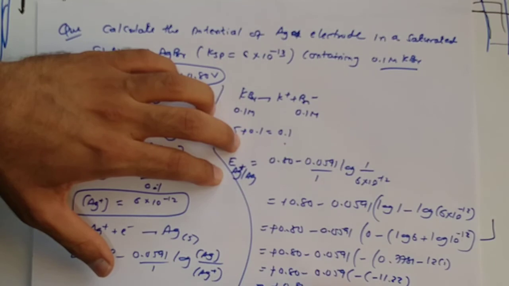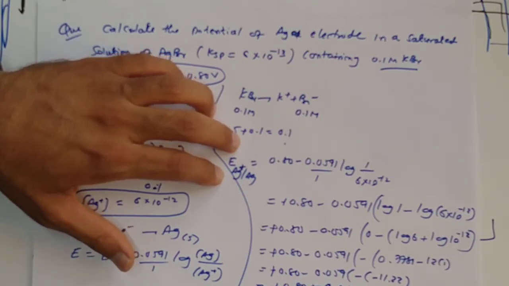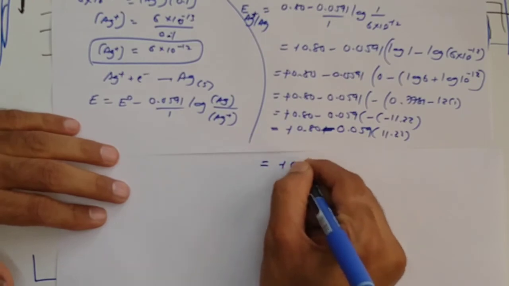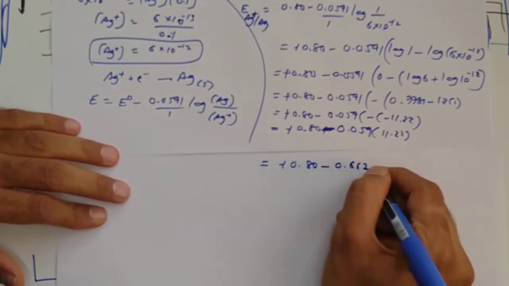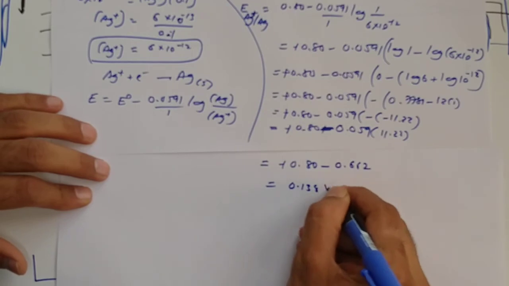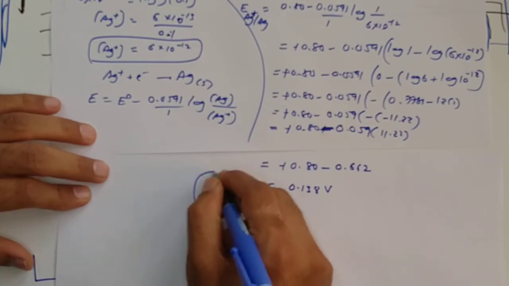Here minus times plus: 0.059 and 11.22. Multiplying by 0.059 gives 0.662. Subtracting it, 0.8 minus 0.662 is 0.138 volt, which is our non-standard reduction potential of silver.